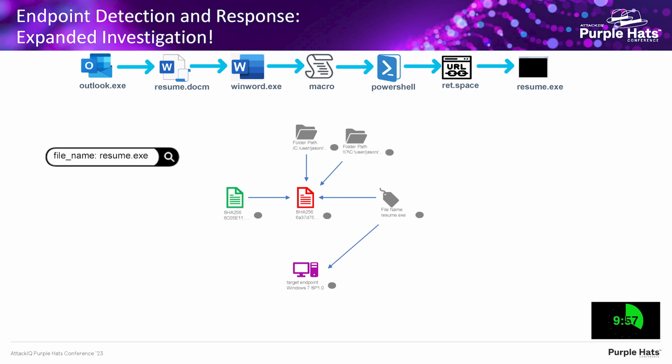So we got good insight from endpoint detection response. That's great. It's valuable. You need it, right? No way around it. But if we search resume.exe, what we end up finding is that we've got a file name, resume.exe, we knew about. That green file there is actually PowerShell, and that's showing the relationship there. And we've got that one endpoint.